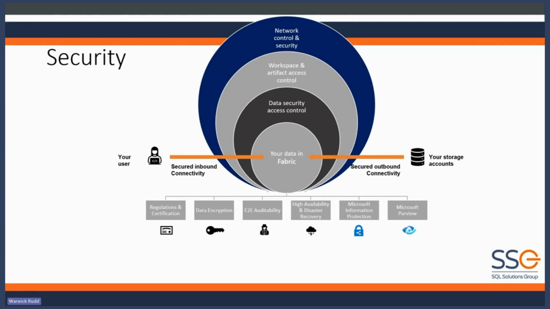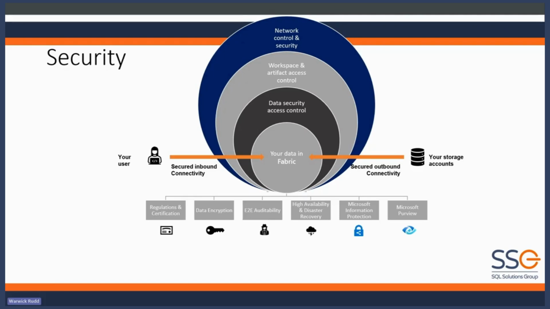Okay. Now, depending on what region you're in may dictate what features you can have access to. Now, the big one, if you want to have a look at, is Fabric SQL database, for example. It's not supported in every region. If your tenancy is not in a region that supports that, that can be problematic at this point in time.